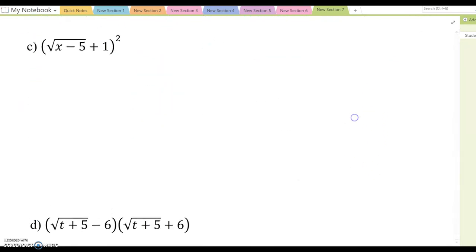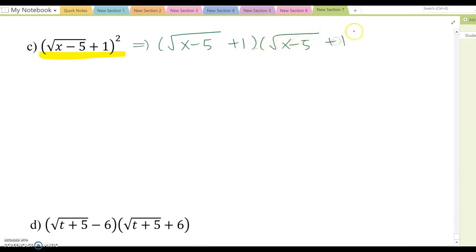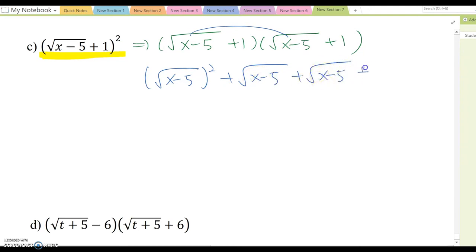Okay, now let us see. You have to look at this carefully. So this means square root of x minus 5 plus 1 times square root of x minus 5 plus 1. So you need to fold them out. So let's do it. Then this becomes x minus 5 squared, plus root x minus 5 plus root x minus 5, and plus 1.